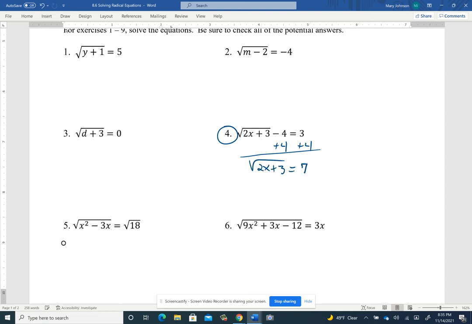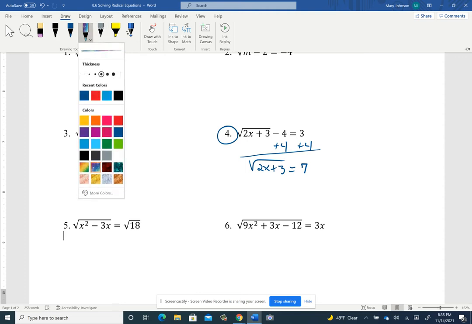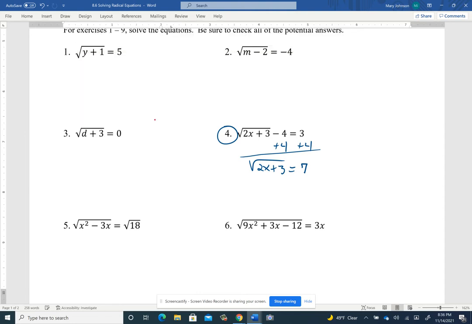After I do that, I look at how it's a square root, and so to undo that, I'm going to square both sides. So let me get a different color here. I want it to be red. Okay, so I'm going to come in, I'm going to square both sides.